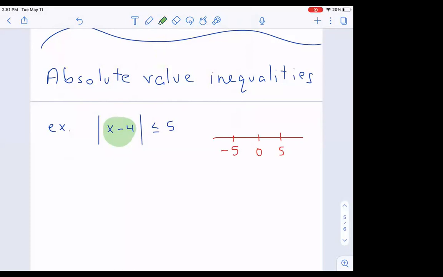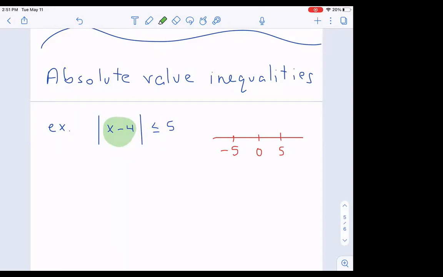We want the green blob to be shorter than 5 units away from 0.